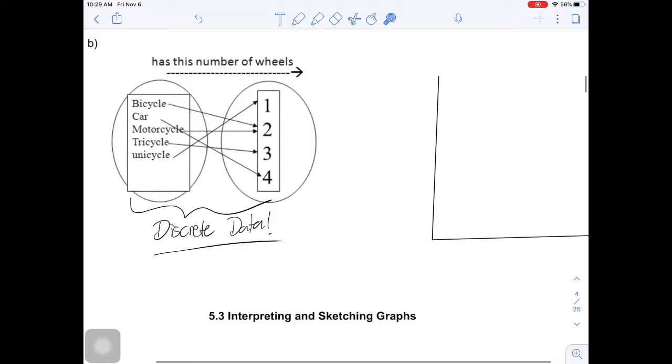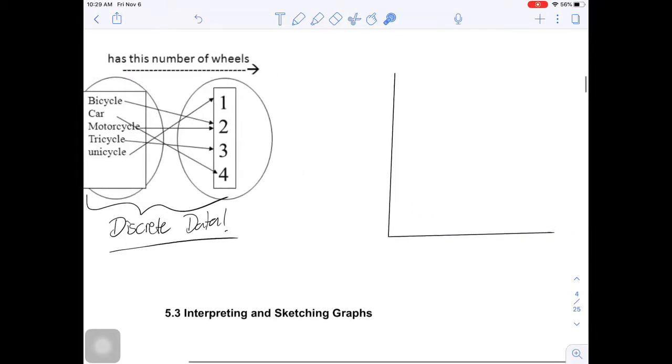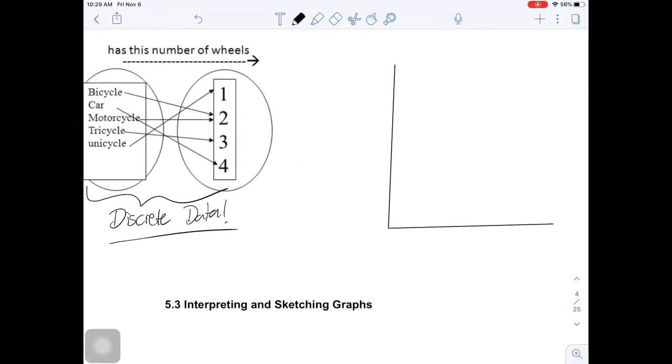So here I'm going to put what's on the left side of my arrow diagram on the horizontal axis, known as the x-axis usually. And I'm going to represent these as simply bicycle. I spelled bicycle wrong already, look at that.